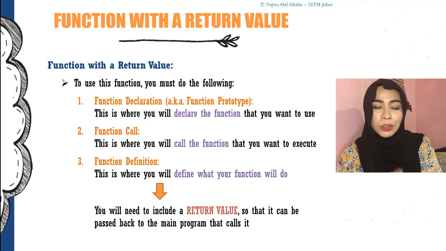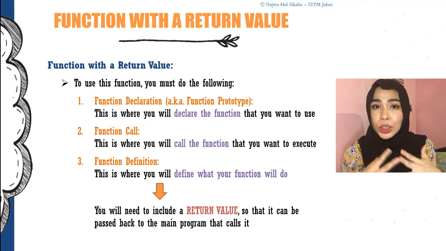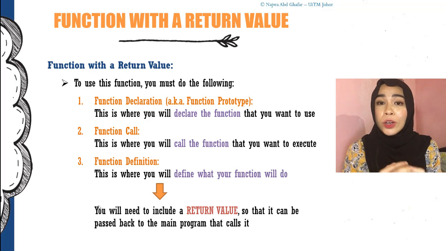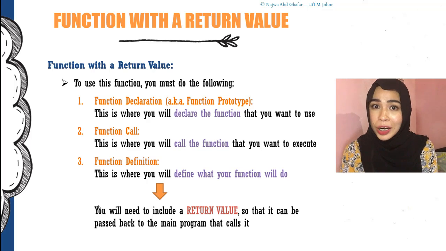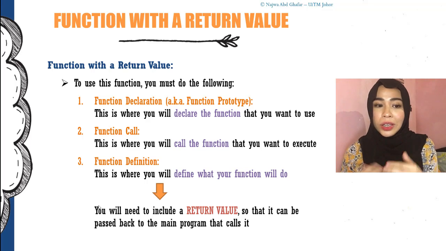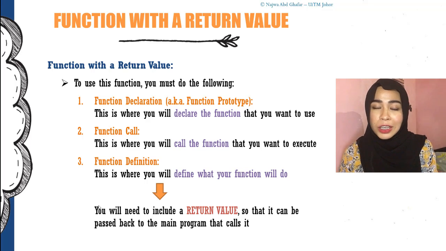Function prototype is actually your function declaration. Whenever you want to use a function, we need to declare it. Just like a variable, whenever we want to use a variable, we declare that variable, right? Again, the same concept. If you want to use a function, we need to declare that function, so that the compiler will know that the function exists. Okay, so that is function declaration or function prototype.